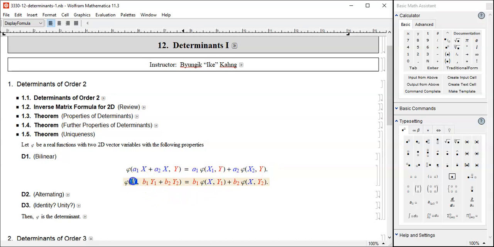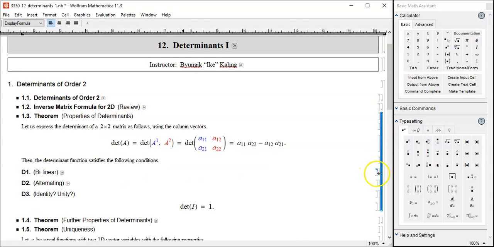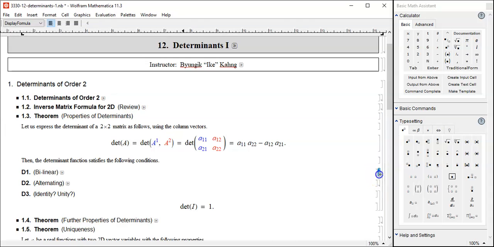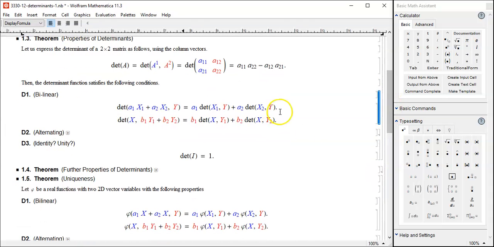Oh, wait a minute. I missed a color here. Okay, all right. So bilinear, just like the determinant is. See, determinant function has bilinearity.